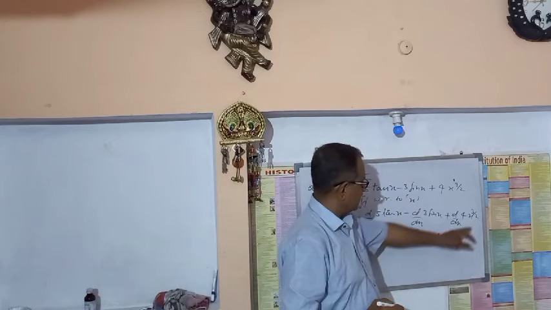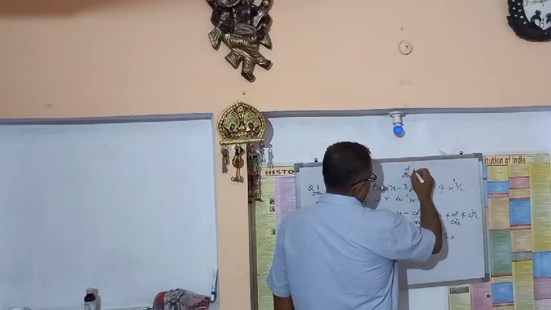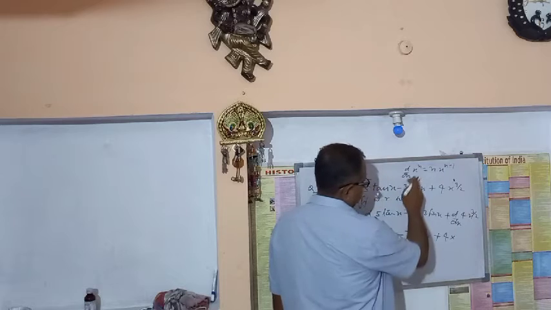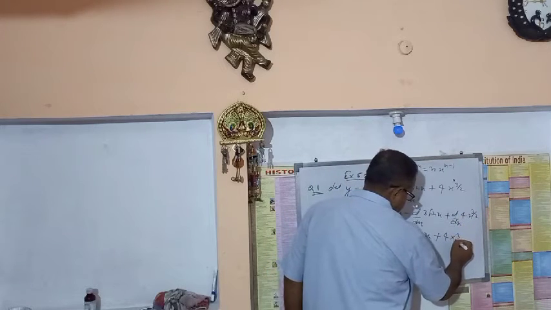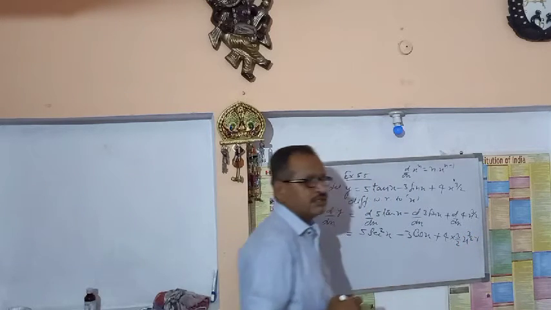How can we differentiate x to the power 3 by 2? d by dx of x to the power n is n into x to the power n minus 1. So apply here, power n is 3 by 2. So 3 by 2 x to the power 3 by 2 minus 1.